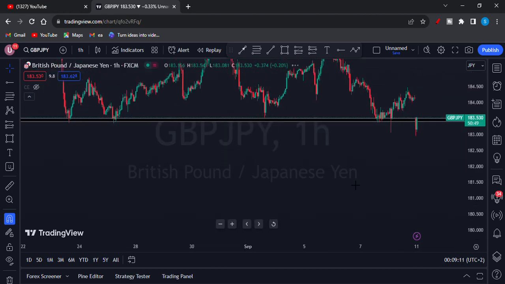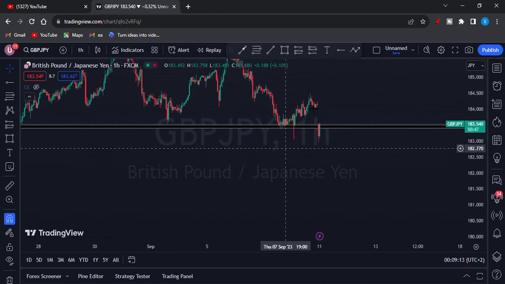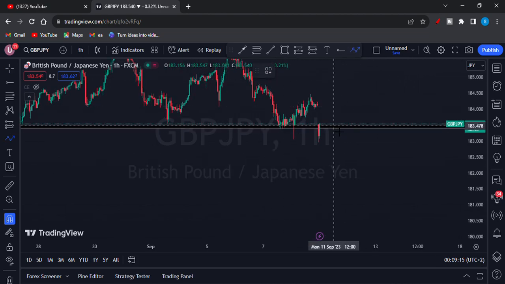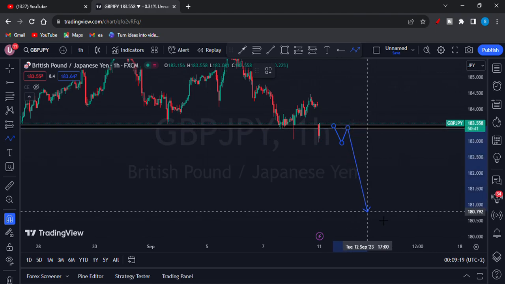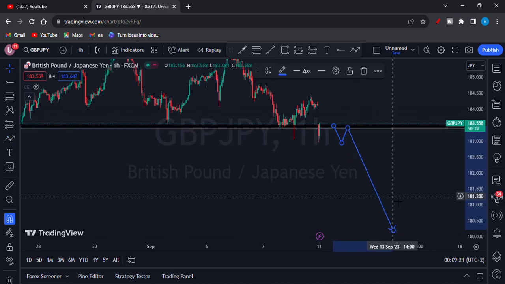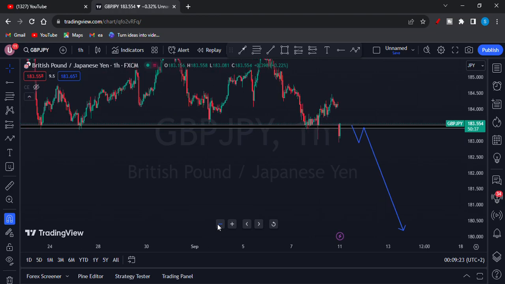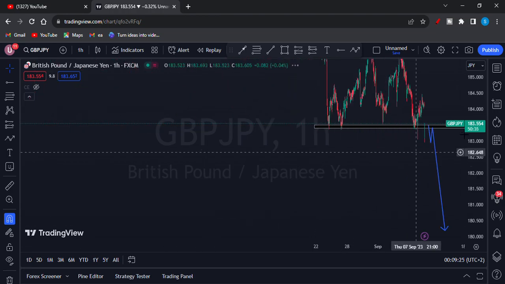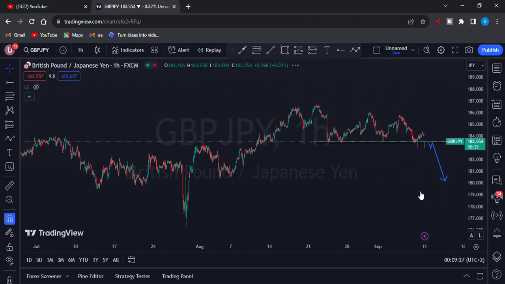So if we are indeed breaking this support area, we can expect the break and retest to the downside, potentially up to here.